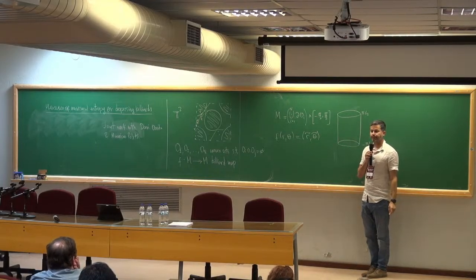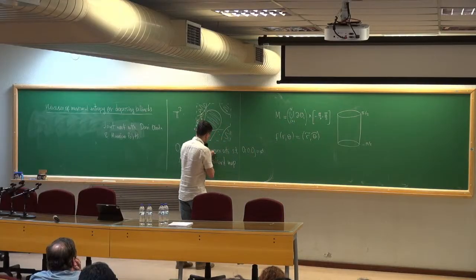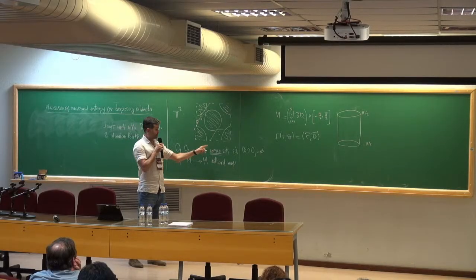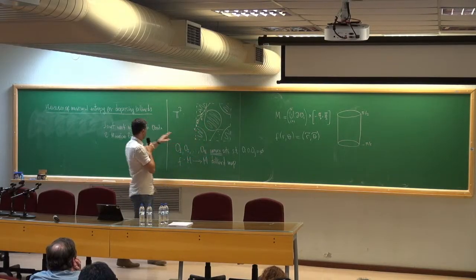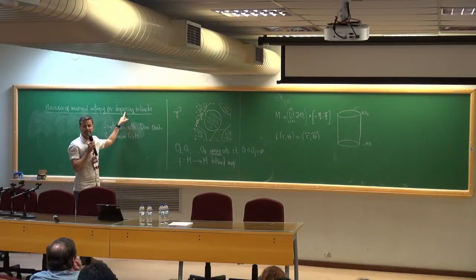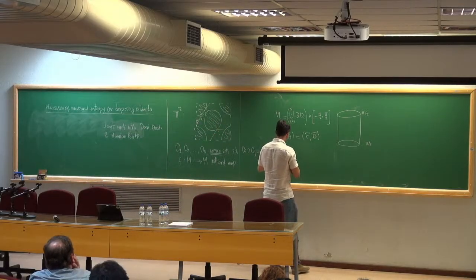Okay? And I assumed that these obstacles are convex. So since they are convex, this is exactly an instance of a specific class of billiards which are known as dispersing billiards.